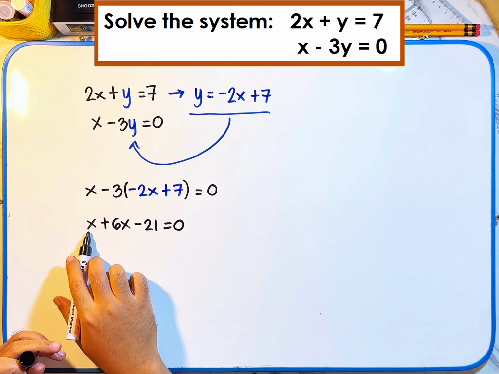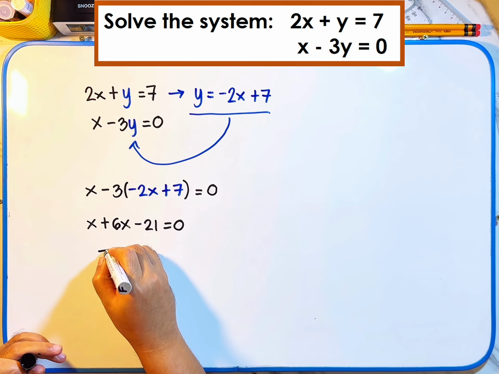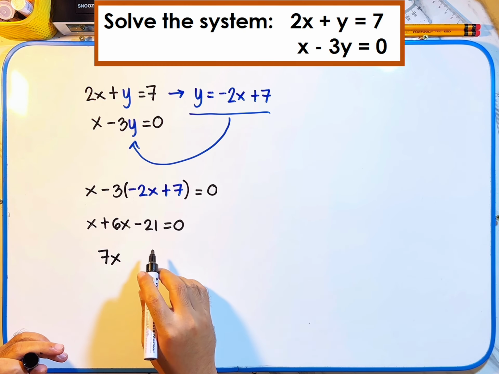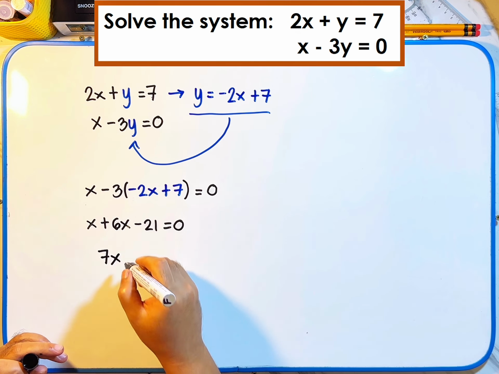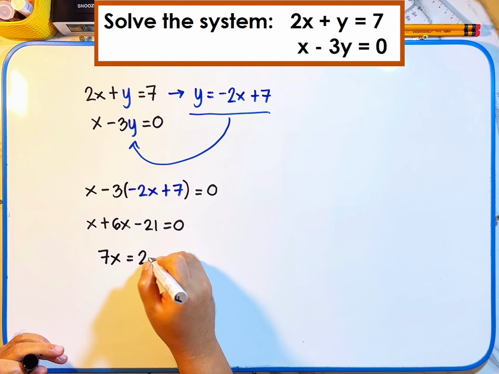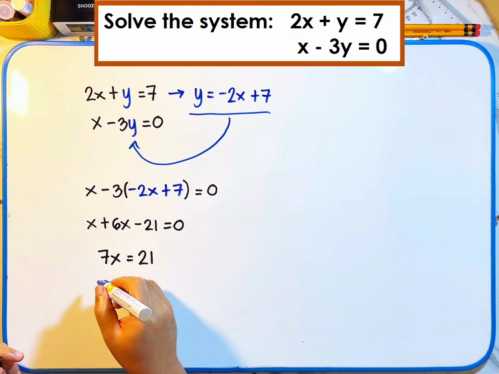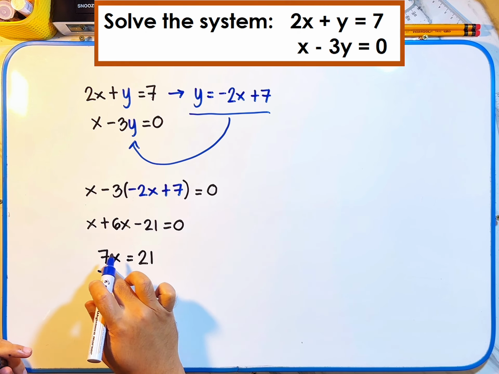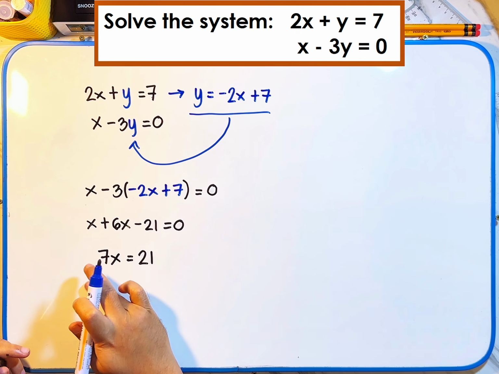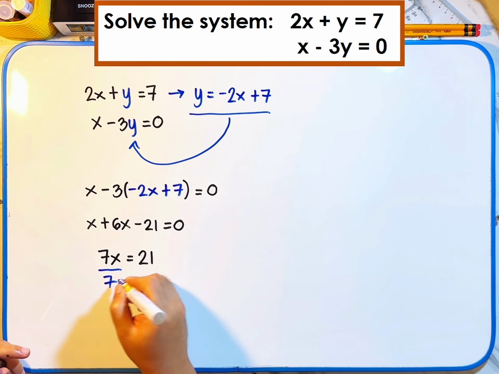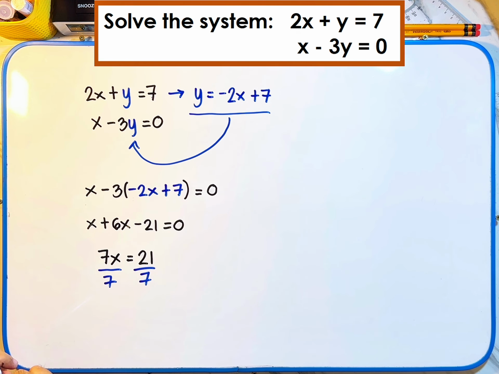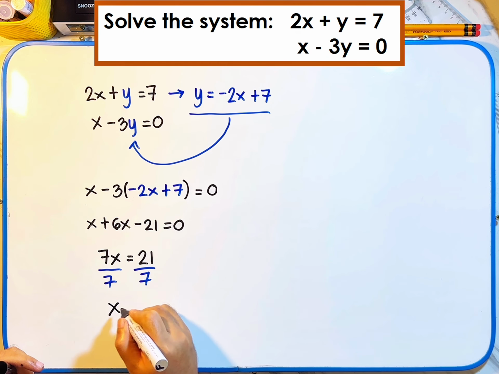Combine like terms. x plus 6x is 7x. And transpose negative 21 to the other side. It becomes positive 21. And if we divide both sides by 7, the value of x is 3.